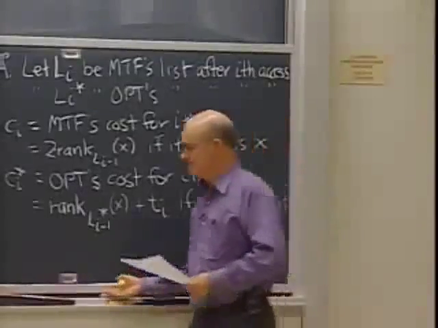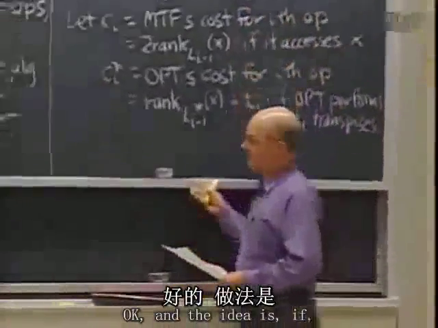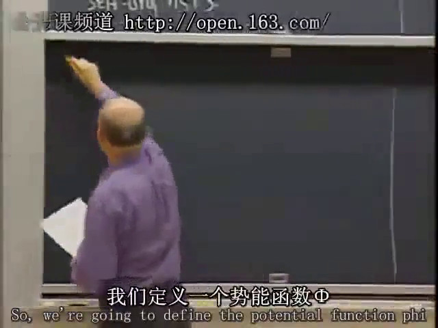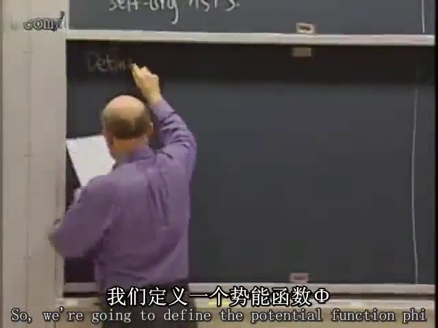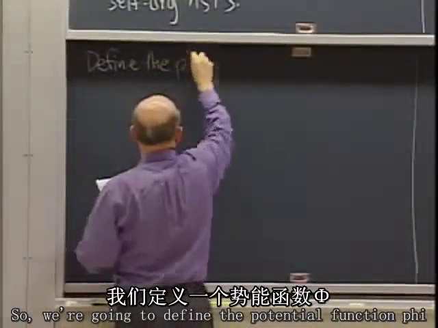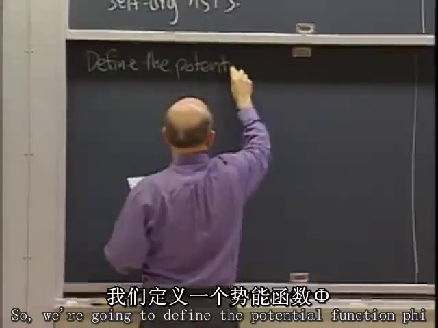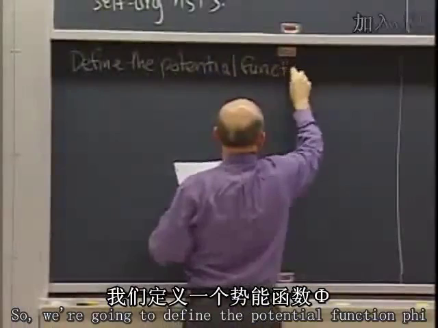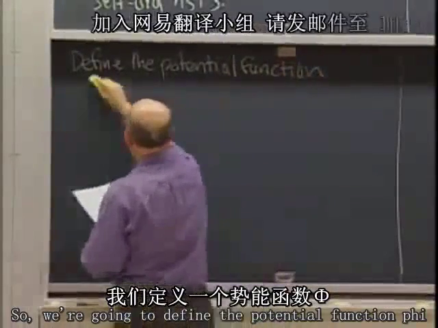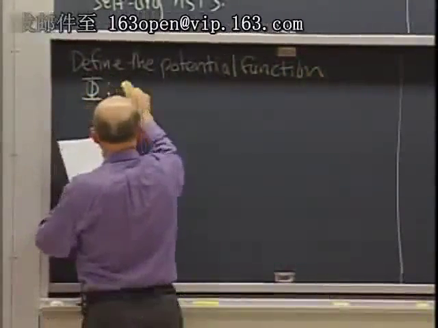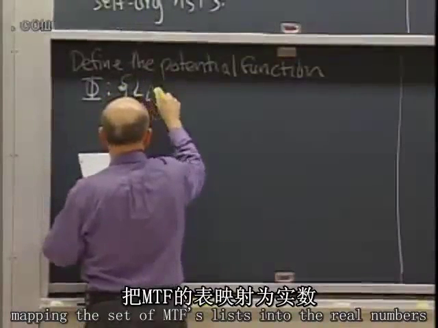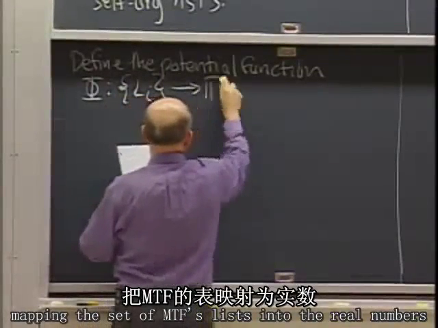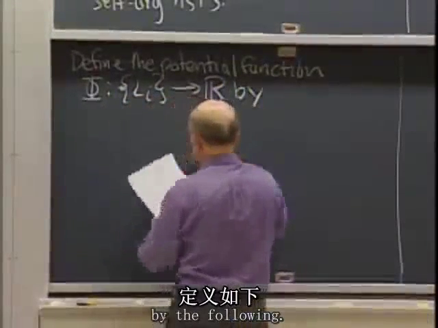Okay? And the idea is that, so let's define that, and then we'll take a look at it. So we're going to define a potential function Phi mapping the set of MTF's lists into the real numbers by the following.